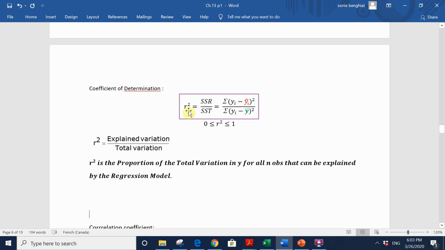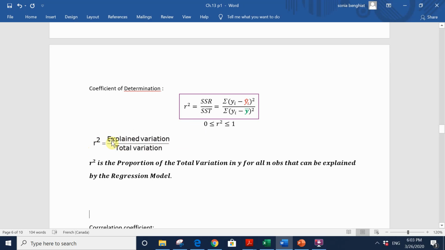Okay? And on the other hand, the closer r square is to 0 means that your simple linear regression model cannot explain a lot of the variation in y, but rather it is the unexplained component that is really driving the variation in y, okay?